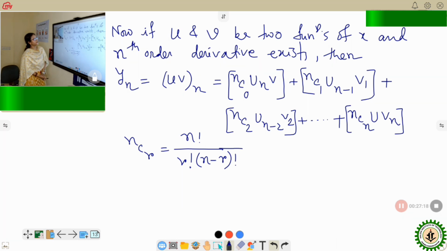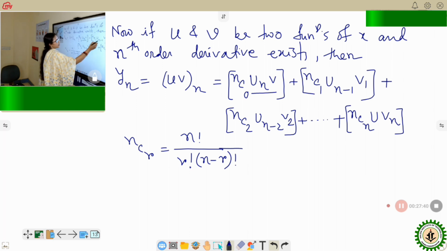If u and v are two functions of x and the nth order derivative exists for those functions, then yn, that is the nth order derivative of uv, equals nC0 un v plus nC1 u(n minus 1) v1 plus nC2 u(n minus 2) v2, and at the end you will get the term nCn u vn.